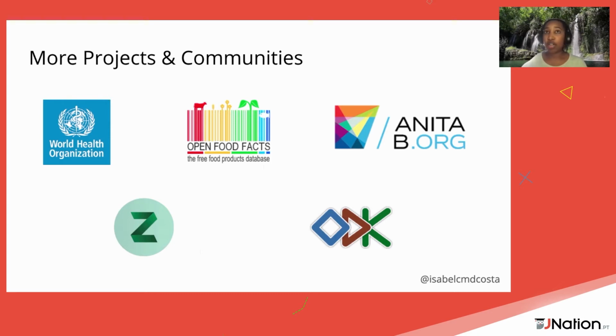There's also, so a brief mention to communities. When I tried to apply to Google Summer of Code in 2018, I found Open Food Facts and Open Data Kit. Open Data Kit, they basically have software for resource constrained environments, and Open Food Facts has an app for sharing food facts.